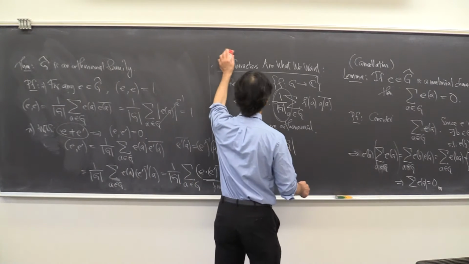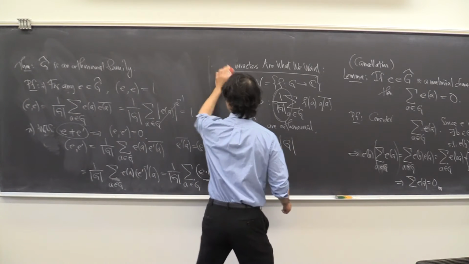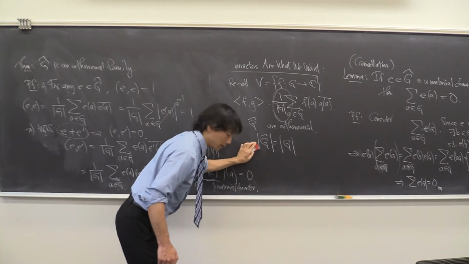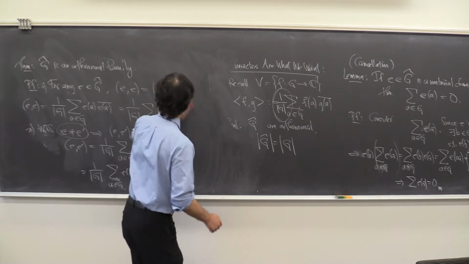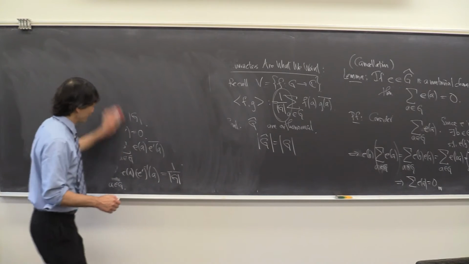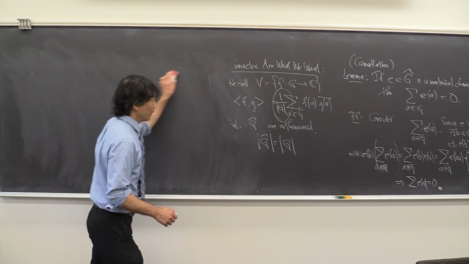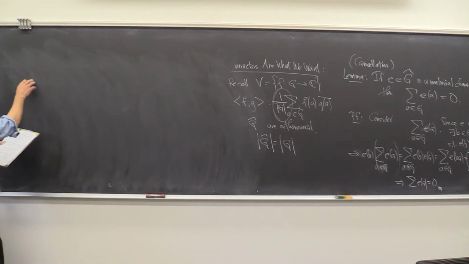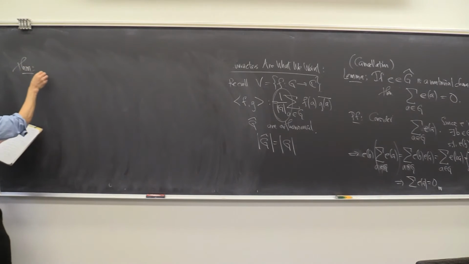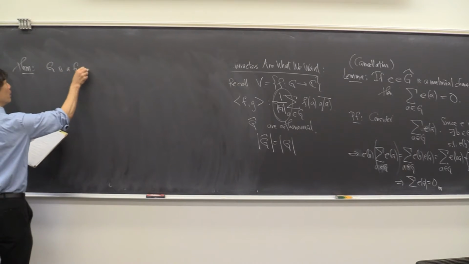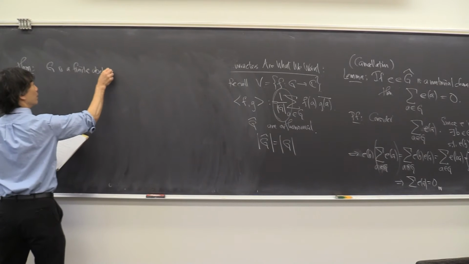Okay, so I'm going to erase this. Our goal is to get this theorem: G is a finite abelian group.